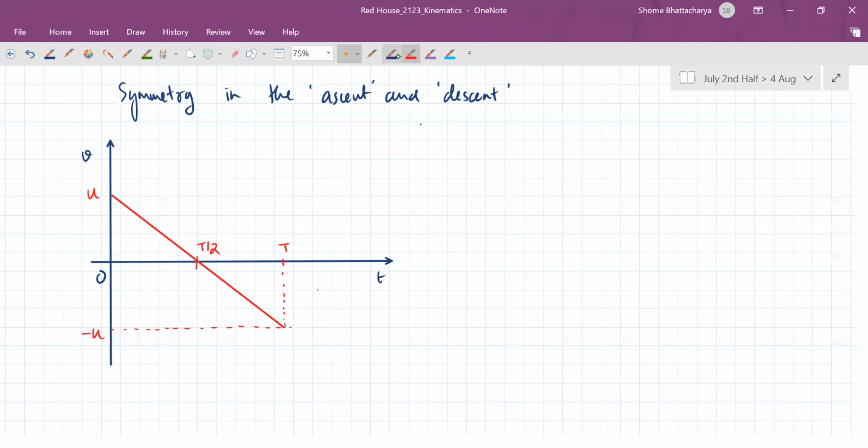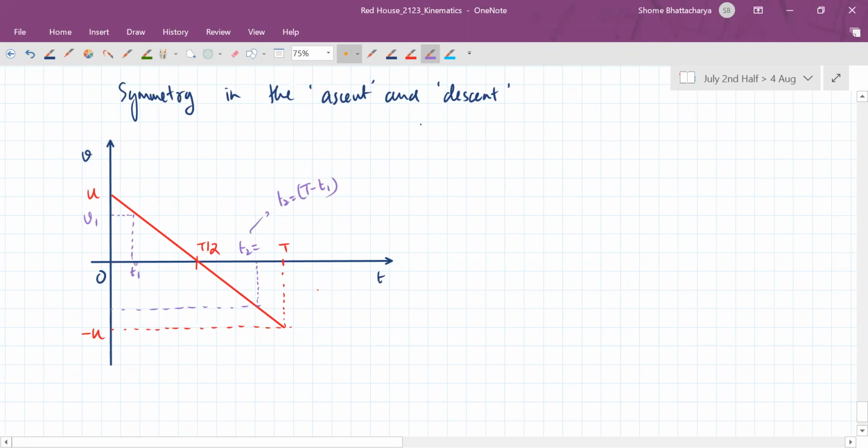So you can also see that in this graph, there's another type of symmetry, that if there is some time t1 when the velocity is v1 on the positive side, there will be some symmetrical time t2, such that this time t2 is equal to capital T minus t1.